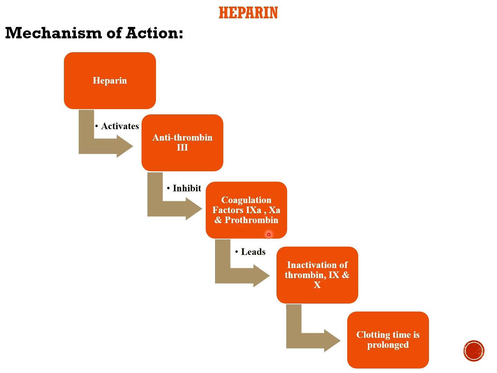Then prothrombin, which is also a protein, usually helps in the activation of thrombin. So inhibition of prothrombin leads to inactivation of thrombin and also of coagulation factors 9 and 10. These coagulation factors and thrombin, especially thrombin, help in the conversion of fibrinogen into fibrin. Fibrin is a thread-like formation. The last step of coagulation is the formation of fibrin, the thread-like structure.